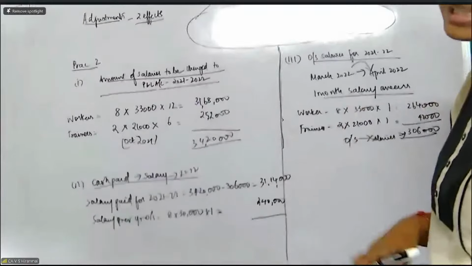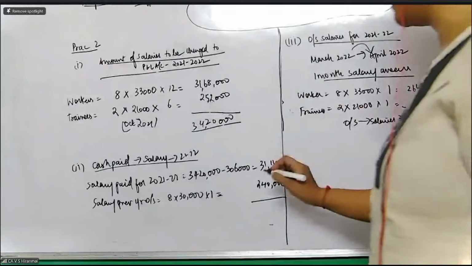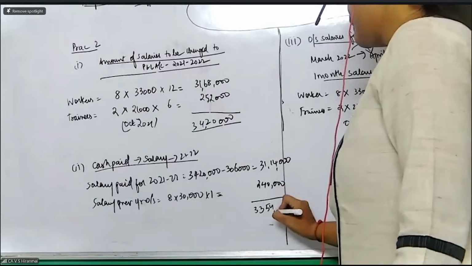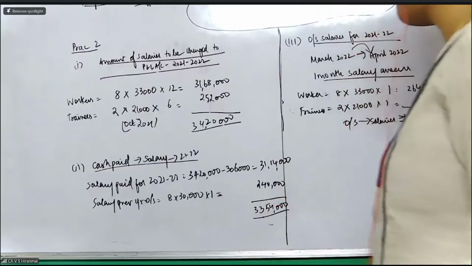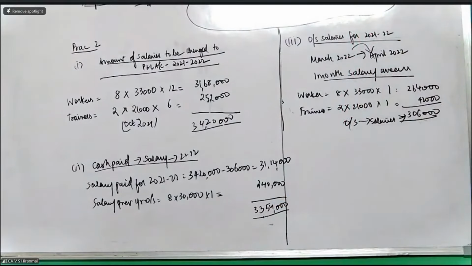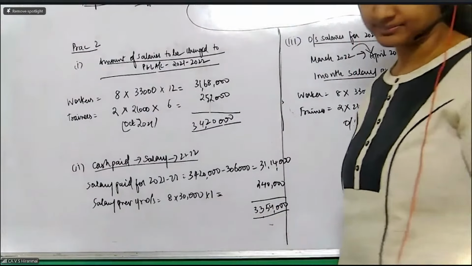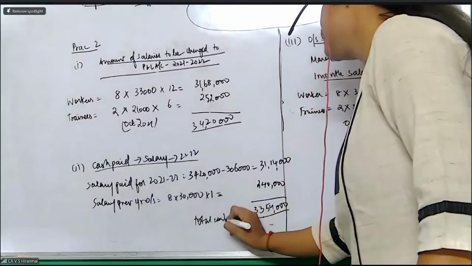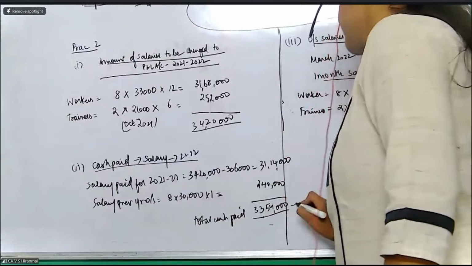But for the last year also, I have paid for 1 month. So it comes to 33 lakh and 54,000. This is the total cash paid on account of salary.